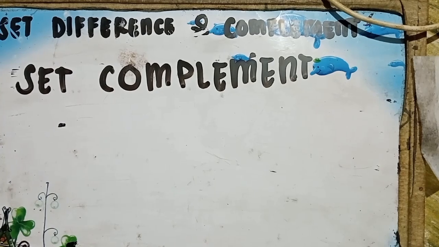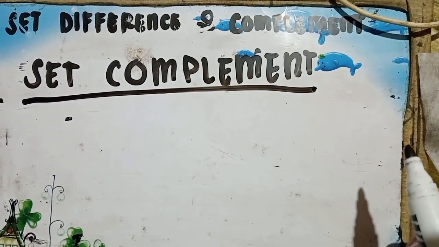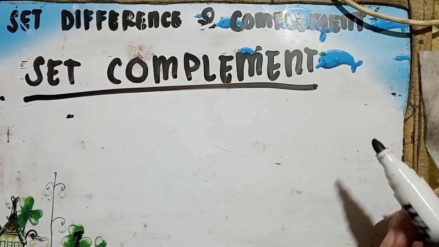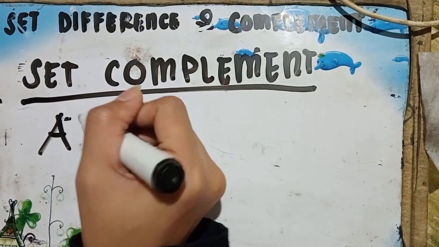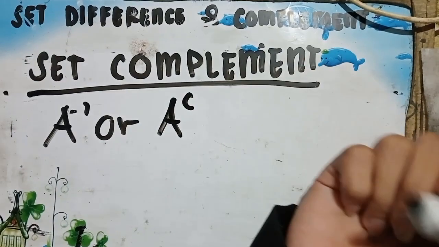Now let's move forward to set complement. Set complement is written as A prime or A complement.